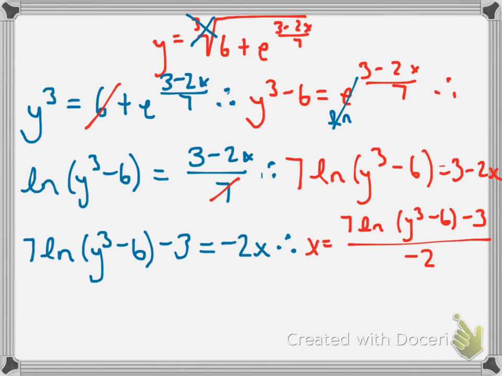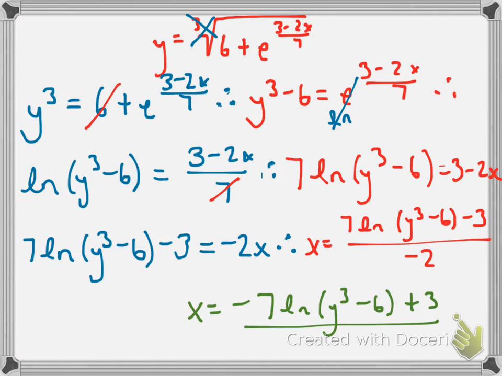And if we wanted to rearrange this a little bit to get rid of this negative on the bottom, we can do that just by multiplying everything by negative 1, and that would lead to an alternate answer of x equals negative 7 natural log y cubed minus 6 plus 3 over 2.